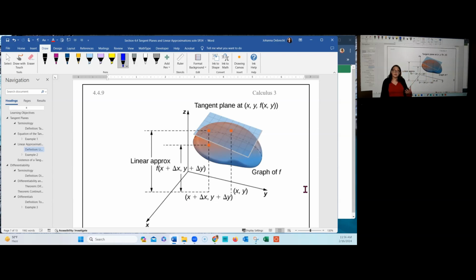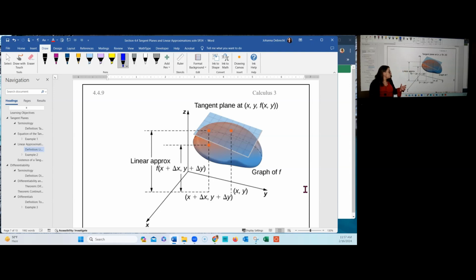We want to approximate the z value, the dependent variable, at another point on the surface, which is given by this red dot here, below and to the left. What we're going to do, though, is use the red dot that's on the tangent plane, but not on the surface, to approximate this other point on the surface.